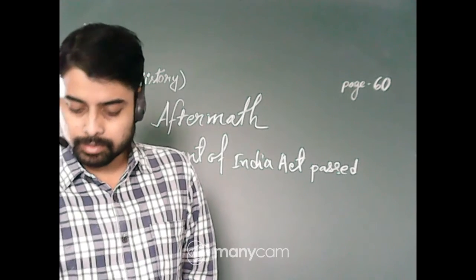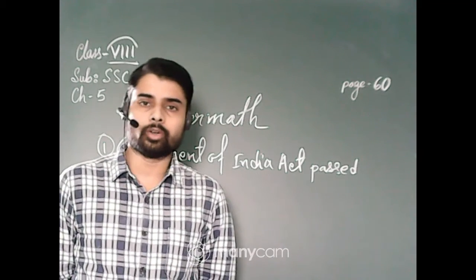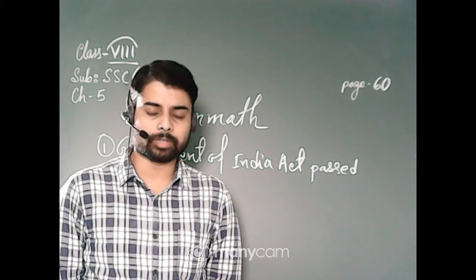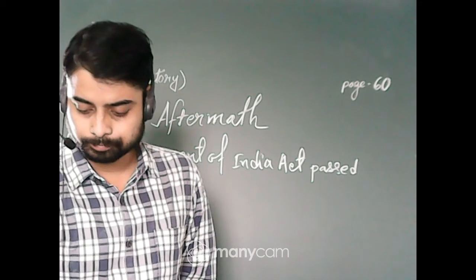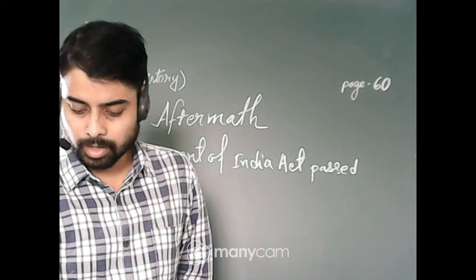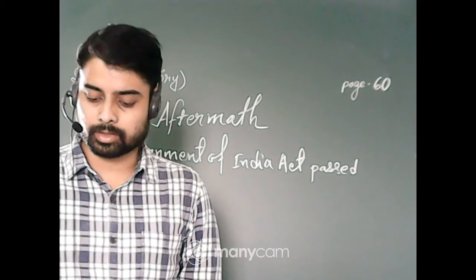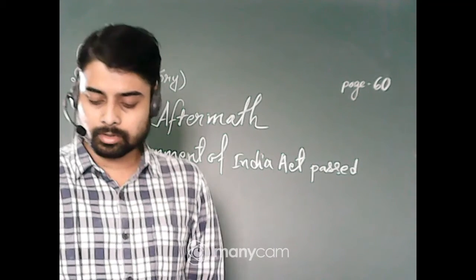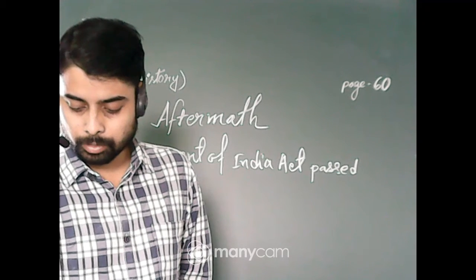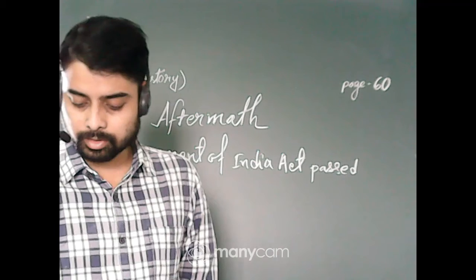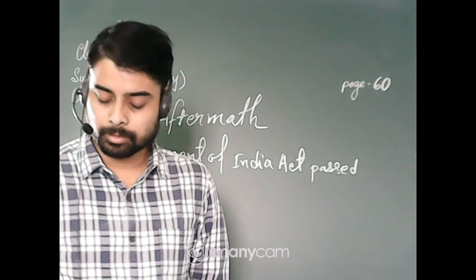Another change was that the land and property of rich Muslims were confiscated on a large scale, and they were treated with suspicion and hostility. The British believed that they were largely responsible for the rebellion.